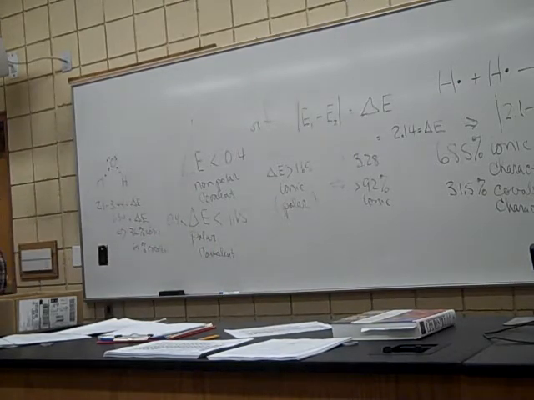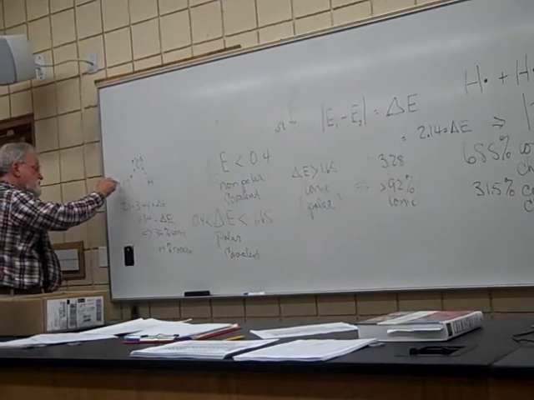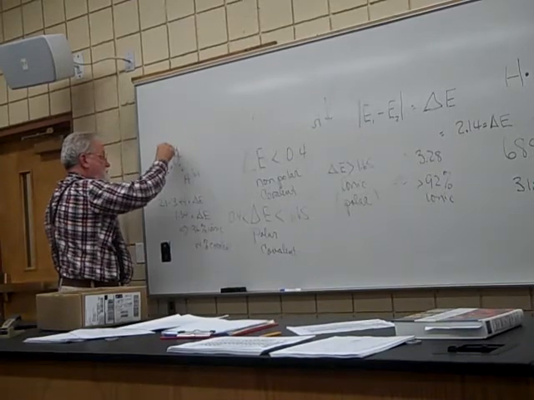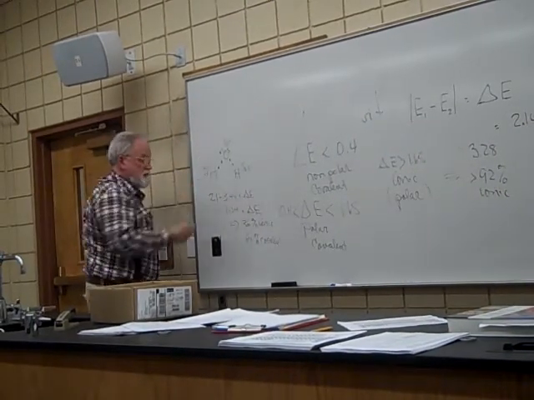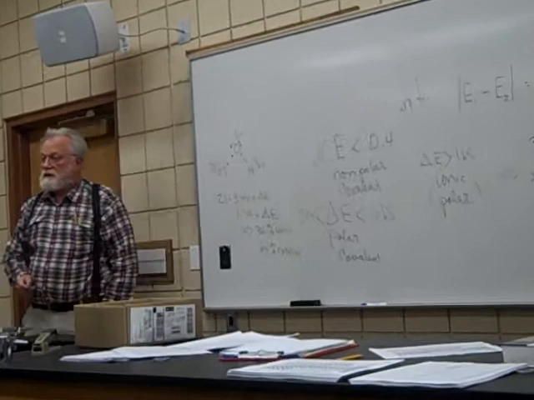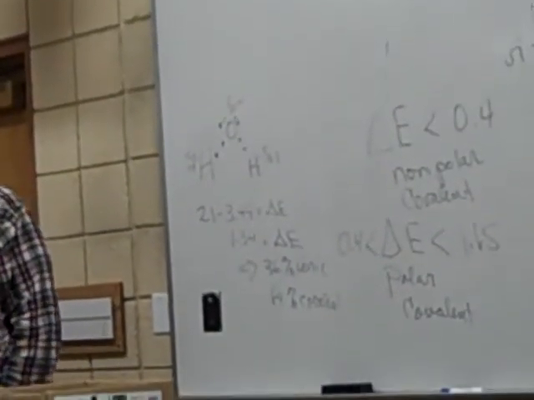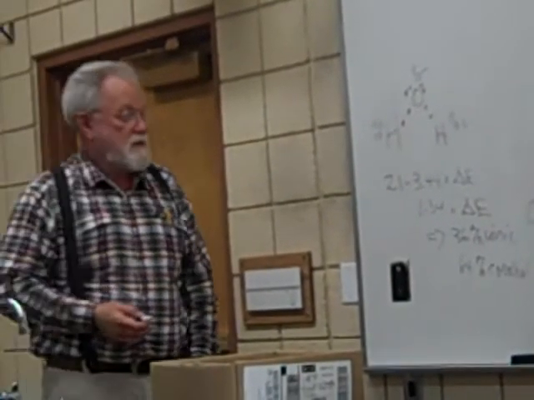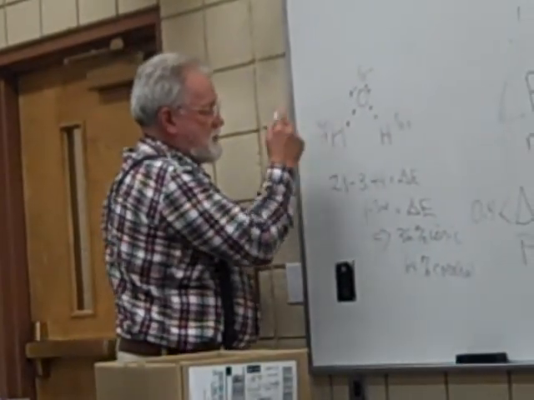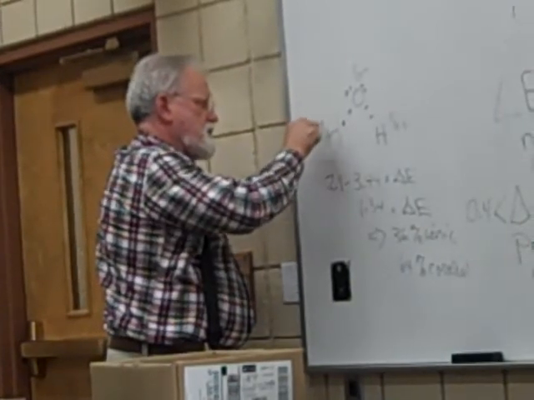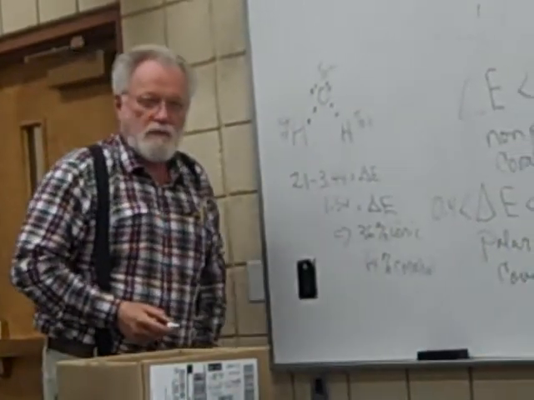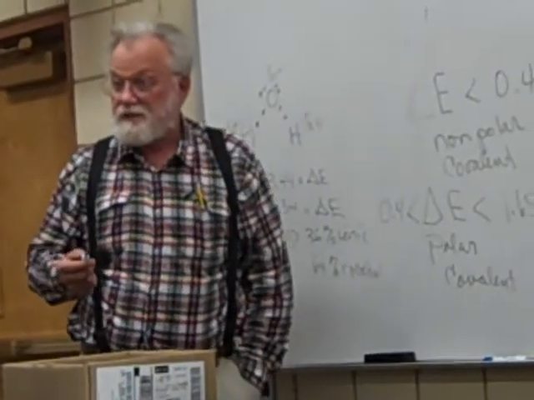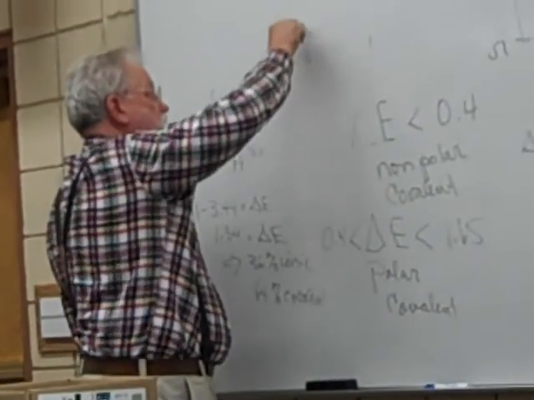And this is why we write this. We say this. That's a lowercase Greek delta. And in this notation, all it means is it's not a full charge, it's a partial charge. So we only have a partial positive here. We don't have a full-on positive charge the way we would in an ionic substance like sodium chloride, for example.